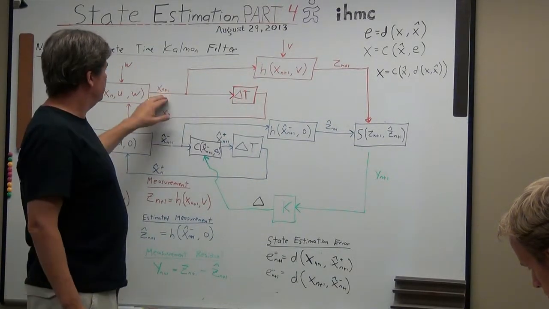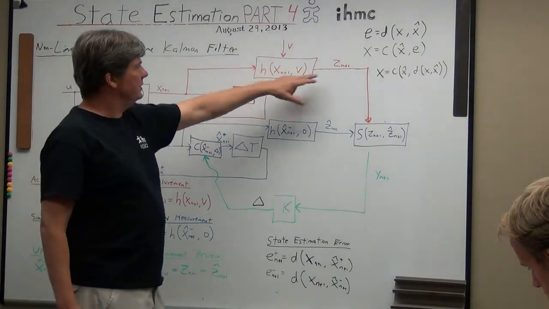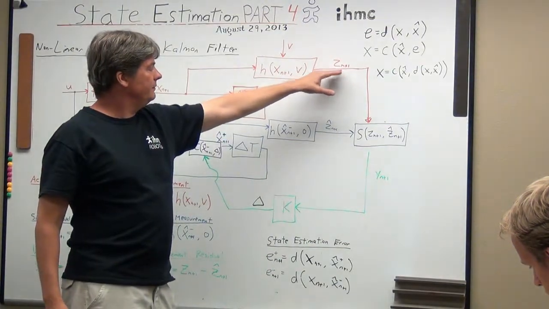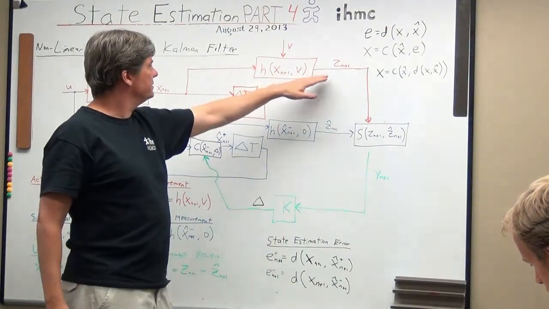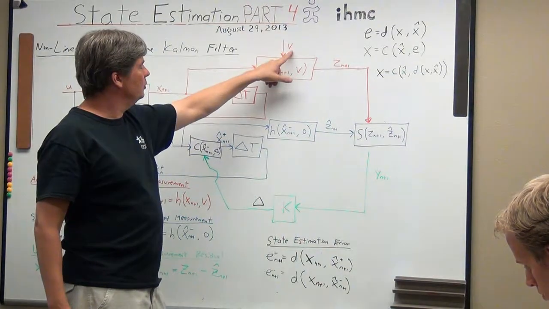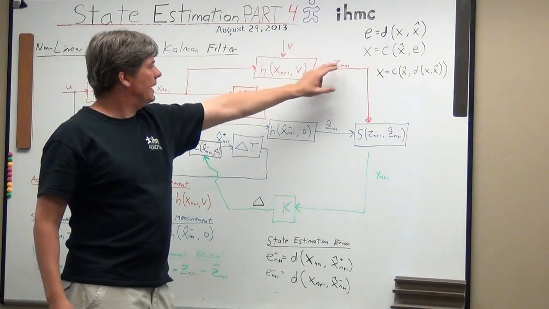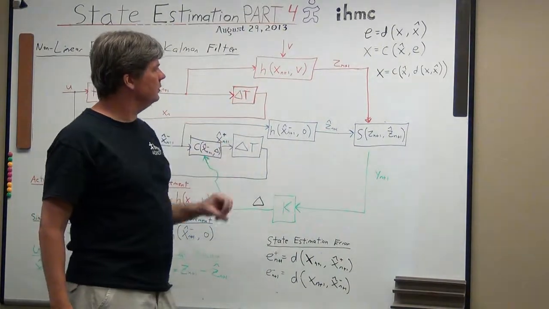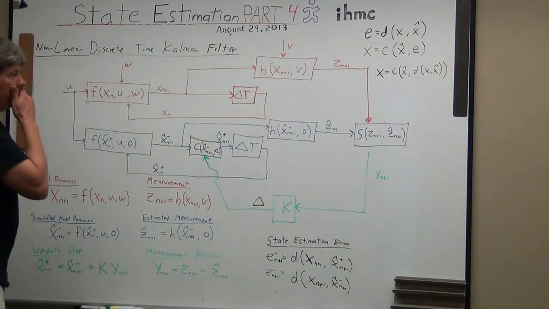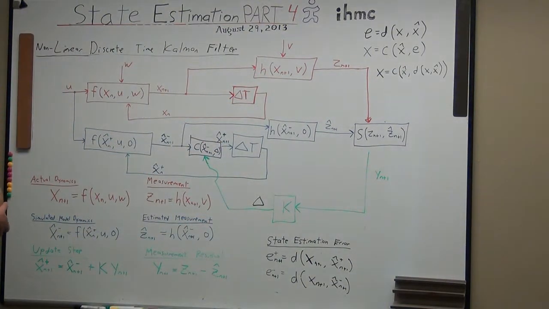And then you take your state and you're going to have some function of your measurements, because in general you're going to have a different number of measurements than states, but there's going to be noise on them. So the actual measurements will be a function of the states and the noise. So that converts from what's happening in the physical world to the numbers that your sensors spit out.